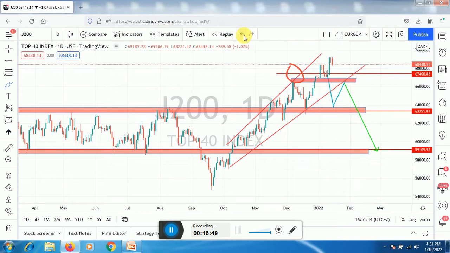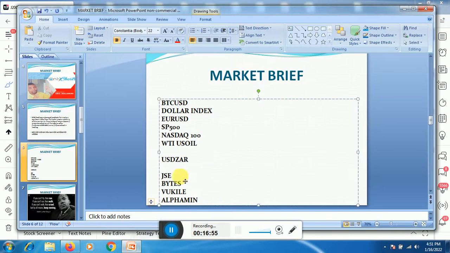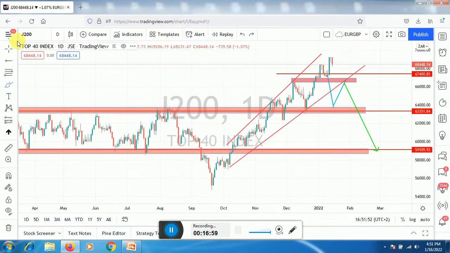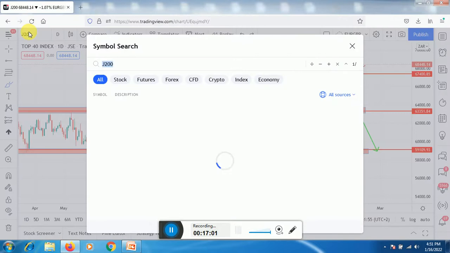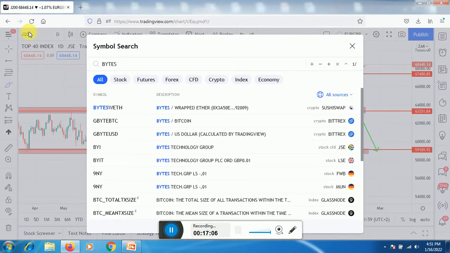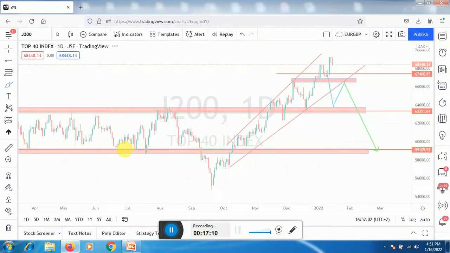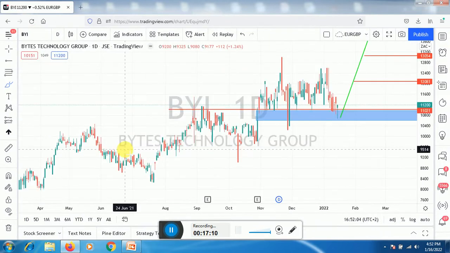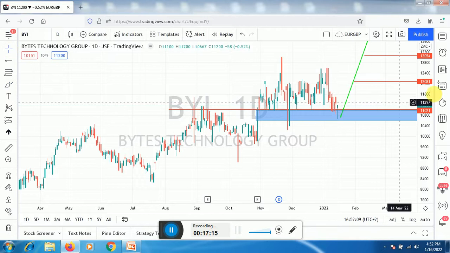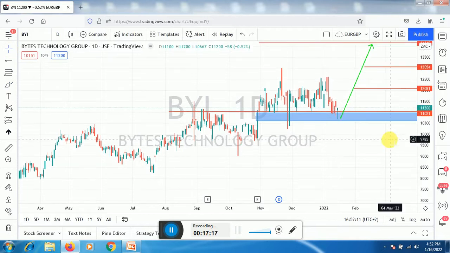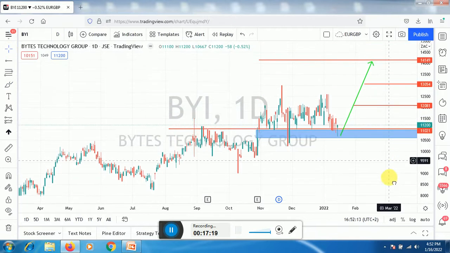So the charts, we're going to look at the BYTES and then ALPHAMIN. So BYTES, the reason why we are looking at BYTES is because of the delisting of Adapt IT.